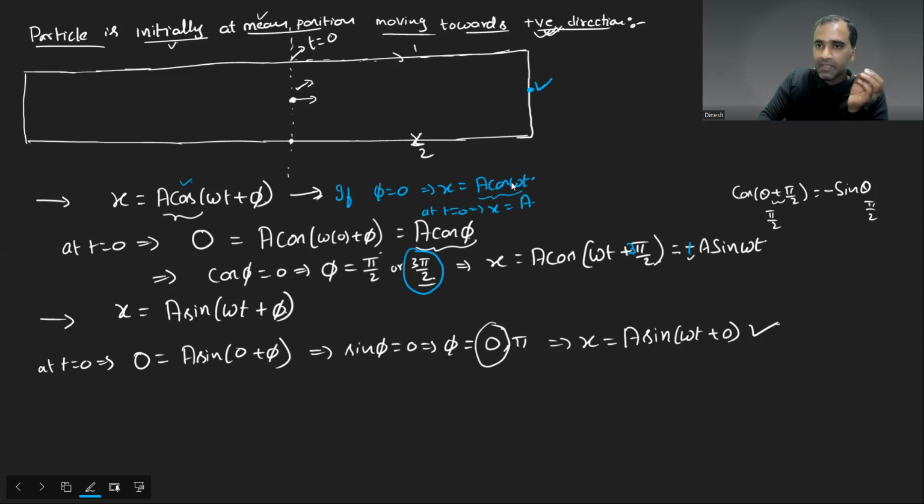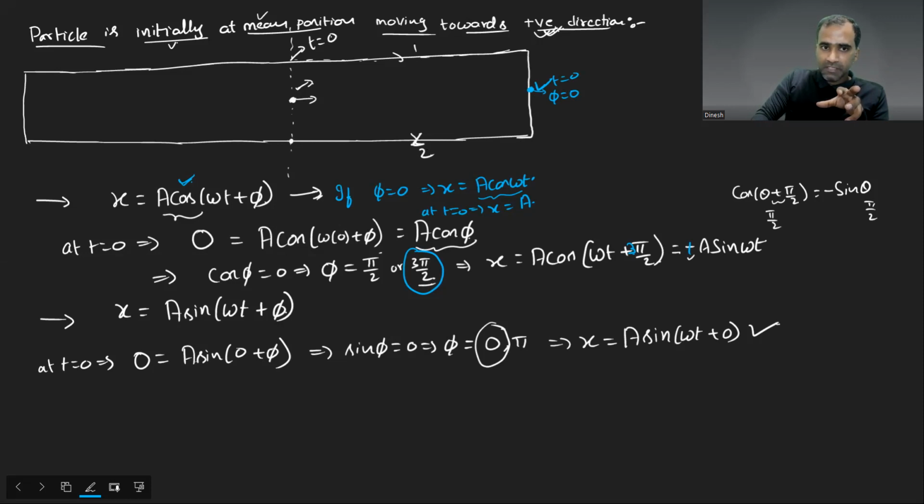Cos omega naught t, when the initial phase is 0, at time 0, it means it is starting from here. If you're taking cos, then the initial phase here is 0. This phi equal to 0 means this corresponds to t equal to 0 when you're taking cos. Now this corresponds to time 0 or phase 0.